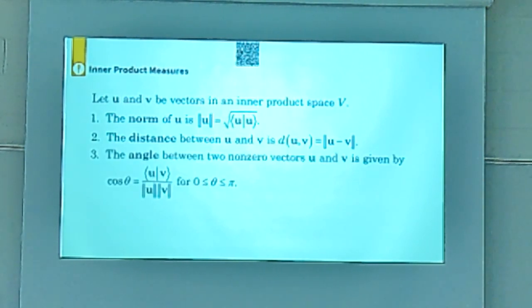Angle between two non-zero vectors u and v, given by the relation cosine of theta, is the inner product of u with v over the norm of u times norm of v. And theta will always be restricted to 0 to pi.